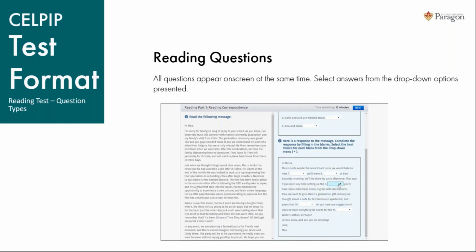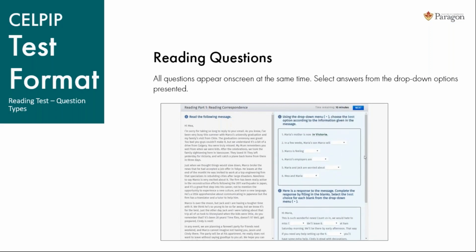That's an important one. All right, and of course, notice these drop-down boxes here. They're the second task in the reading. It depends on what part you're at, but in this particular section, the second part can confuse a lot of people. The first part is pretty normal because it's questions based on the reading.